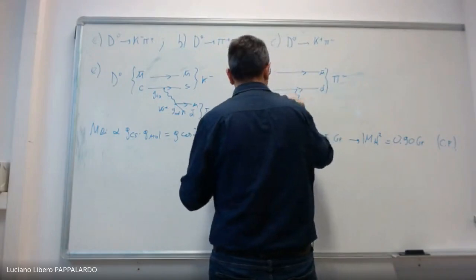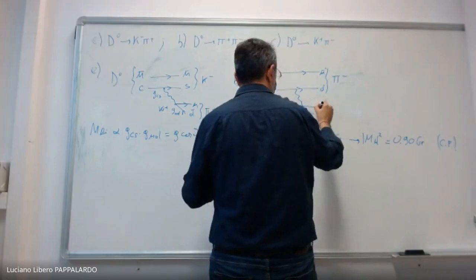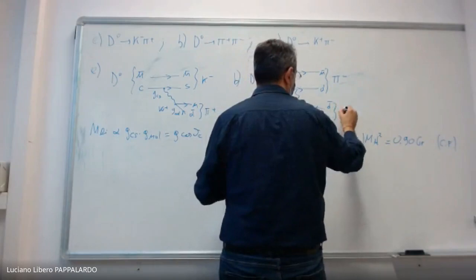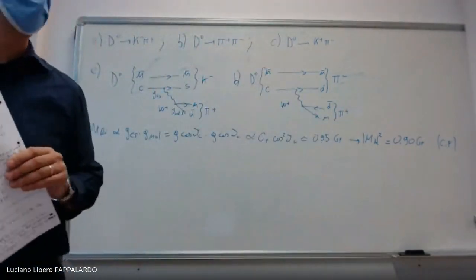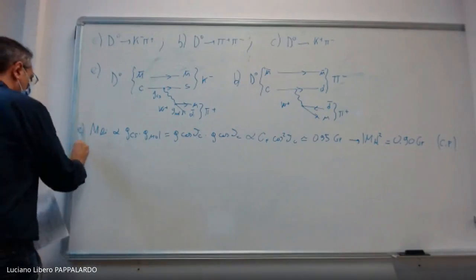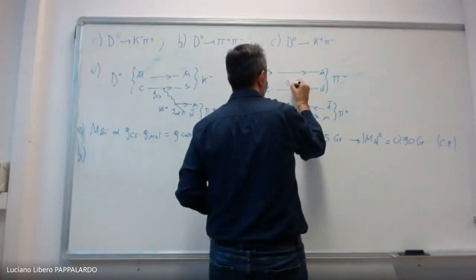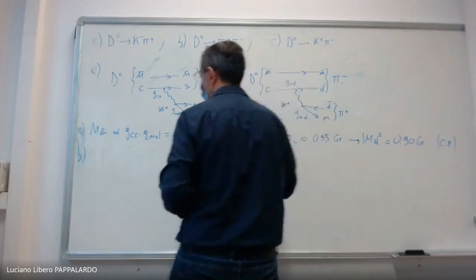Then with the emission of the W plus that goes into the d-bar, forming the pion. So couplings G_cd and G_ud.